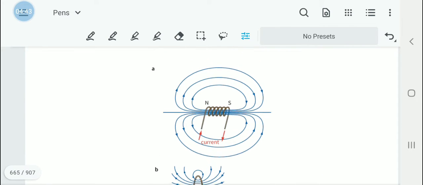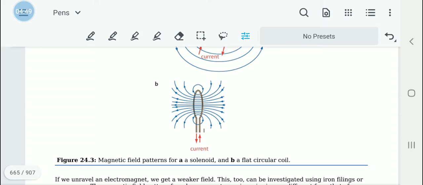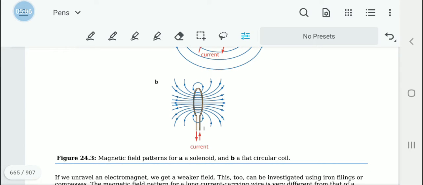This is a solenoid, it is curled, but here we are talking about a single flat circular coil. That will also have the same effect. There is current going from one end to the other, and as a result there is a north and a south pole being generated.